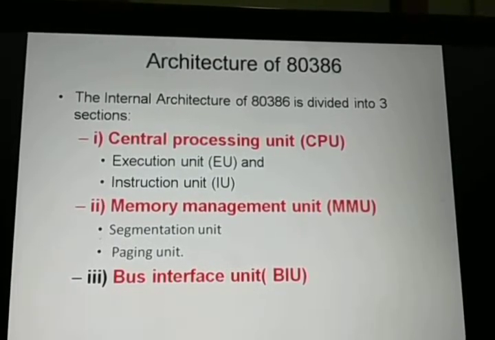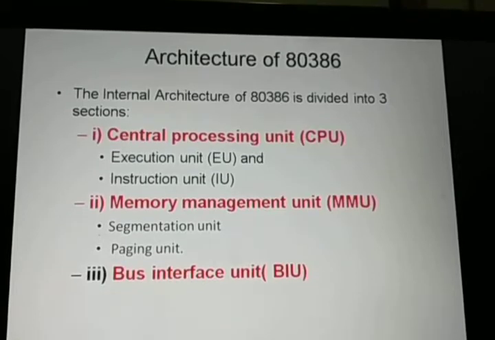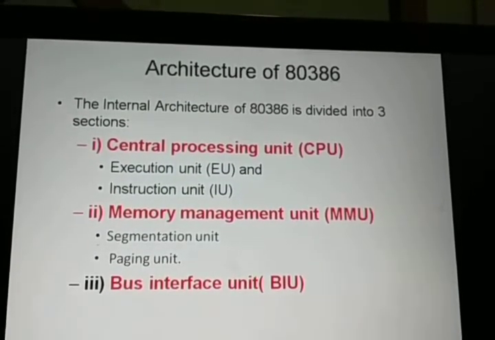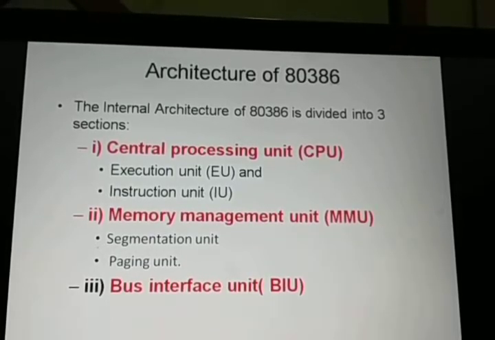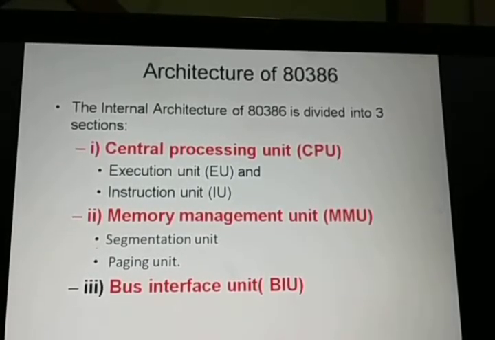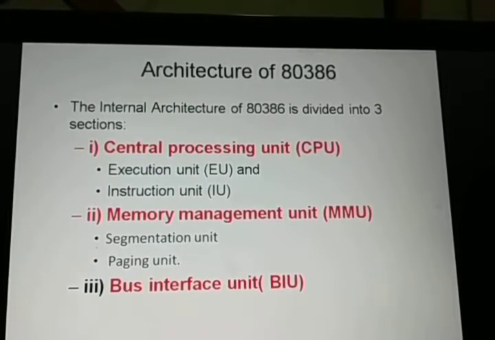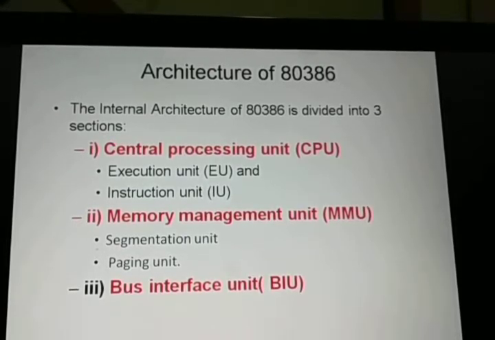Then the memory management unit. We divided the memory management unit into a segmentation part and a paging part. The segmentation part focuses on converting the logical address into a linear address. So this is the first part of the address translation mechanism, when we convert a logical address into a physical address.